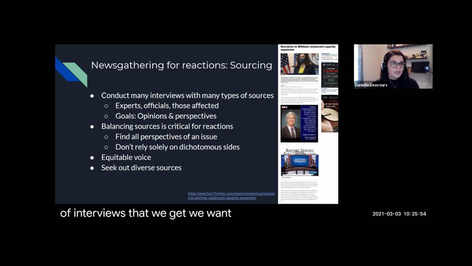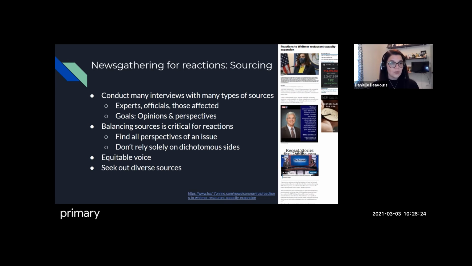We want to have the experts and the officials to be able to explain the issue from multiple perspectives. But then we also want to show those people who are regularly affected by what is happening. And so we want a nice blend of community experts, but then also experts of the topic or issue or officials from that topic.